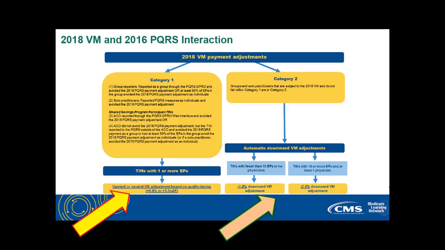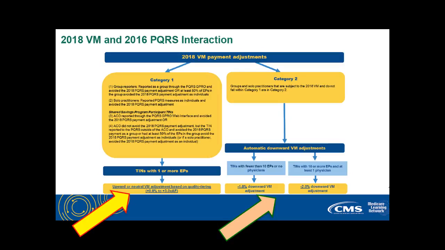So how do we get to this point, and how did CMS make this determination? So this slide from CMS walks through what 2018 will look like. So in 2016, almost 2 years ago, we, all of us, took care of patients at a certain measure of performance, and in early 2017, that was reported to CMS.